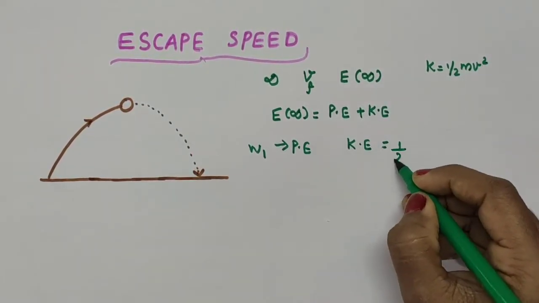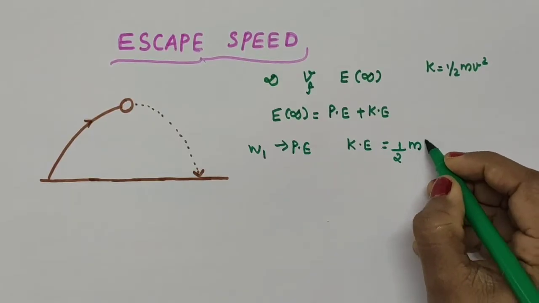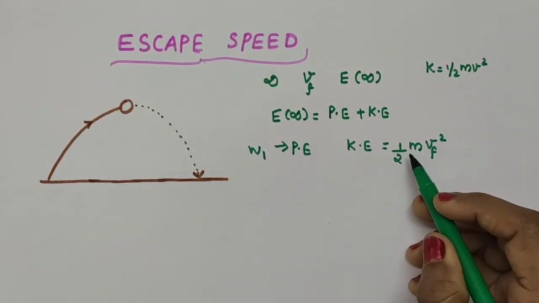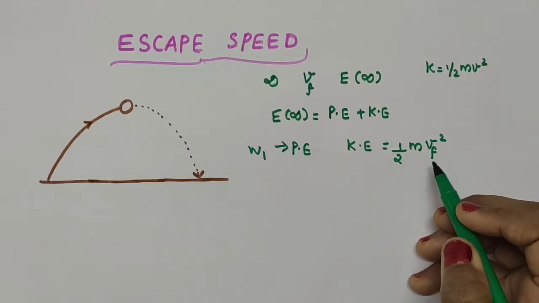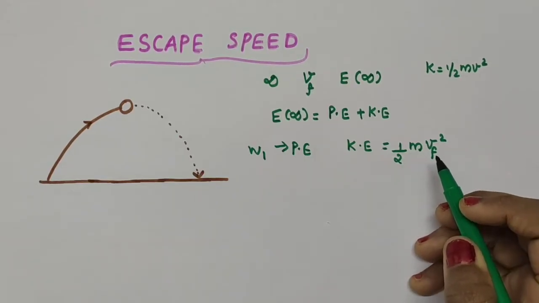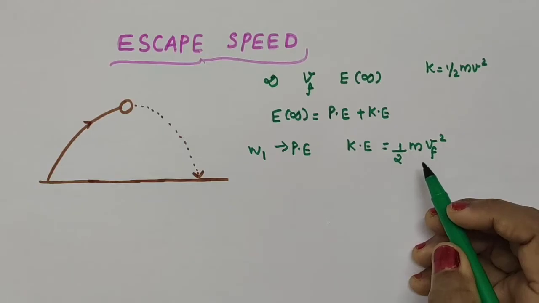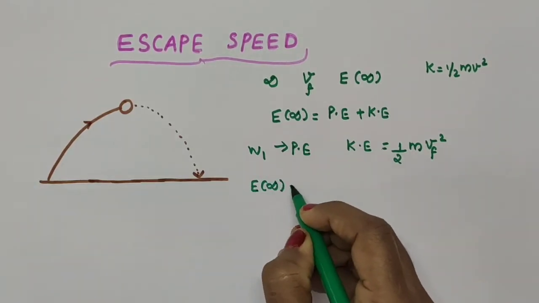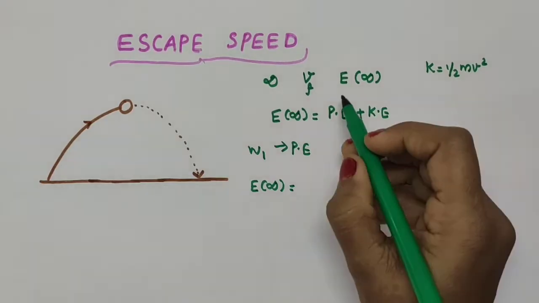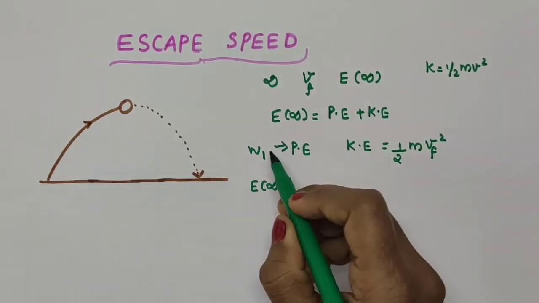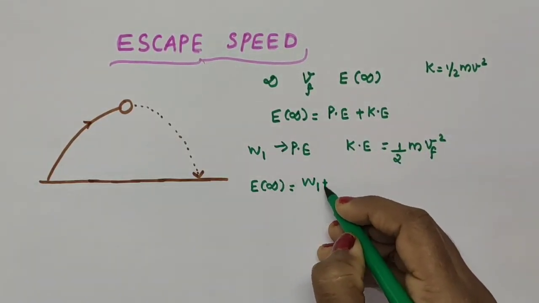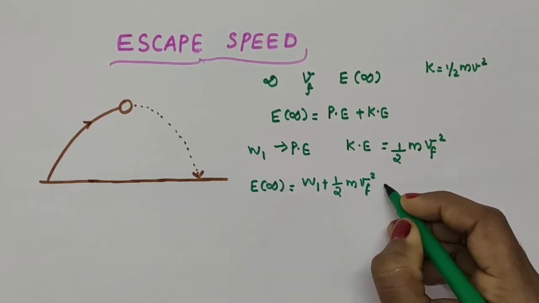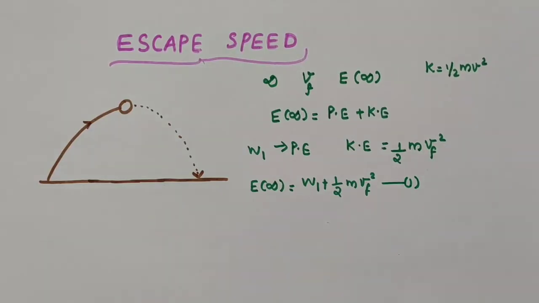So here the kinetic energy will be equal to half m into vf square, where m is the mass of the object and vf is the final speed at infinity. So the total energy of the object at infinity, that is E of infinity, can be written as potential energy plus kinetic energy. Potential energy is taken as W1 and kinetic energy is half m vf square. I am taking this as equation number 1.